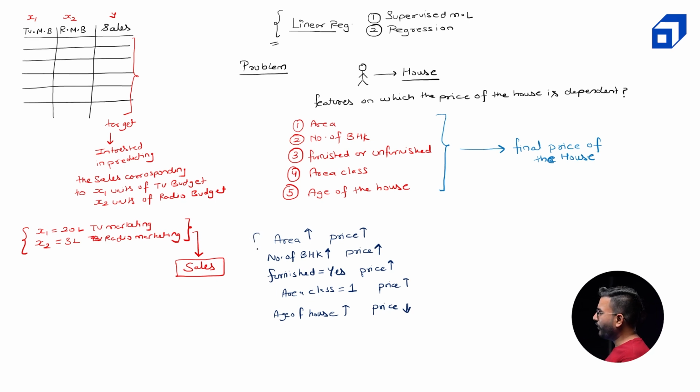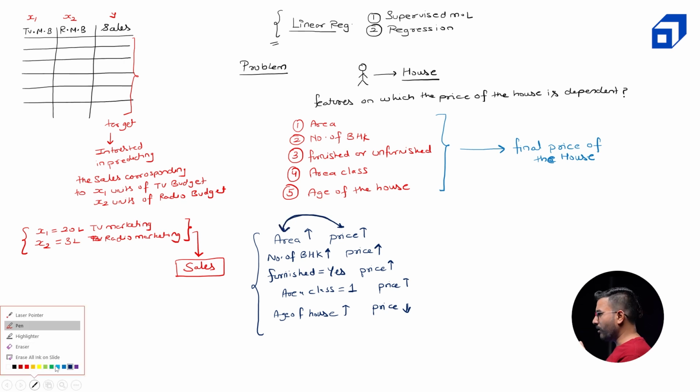So this is a kind of relationship that these inputs will follow with this output, or this output will follow with these inputs. Now, can I write down this complete logic in a mathematical equation?